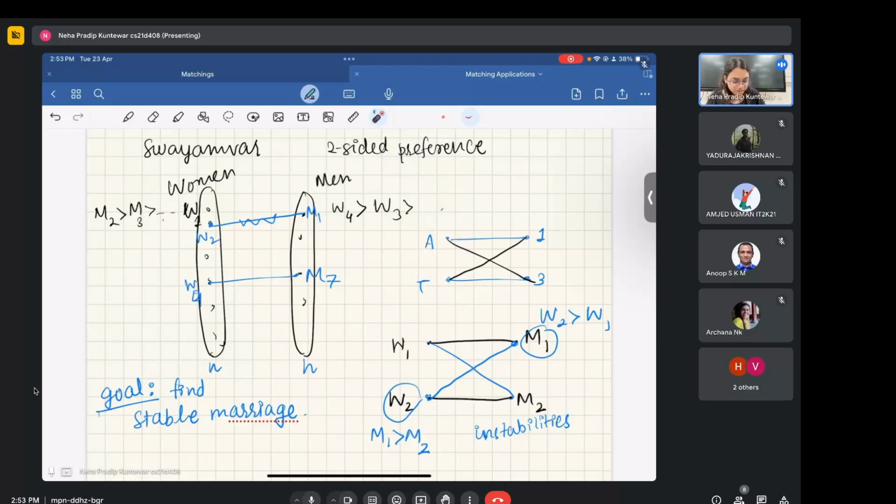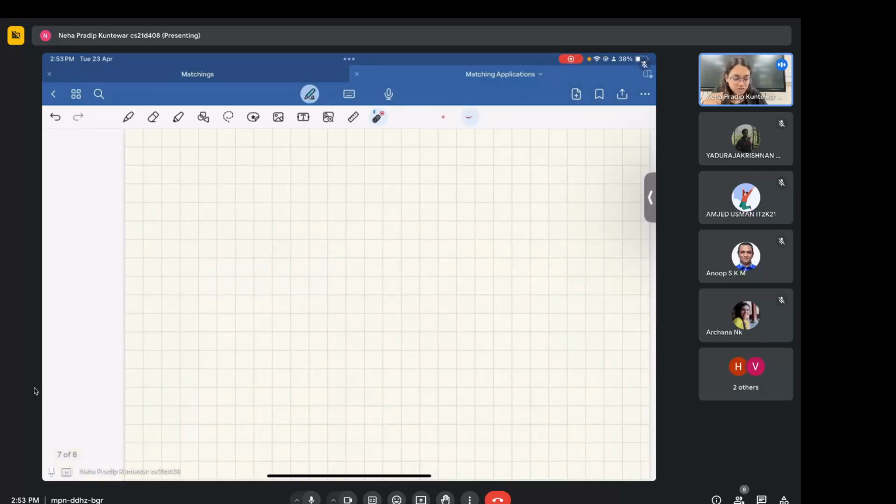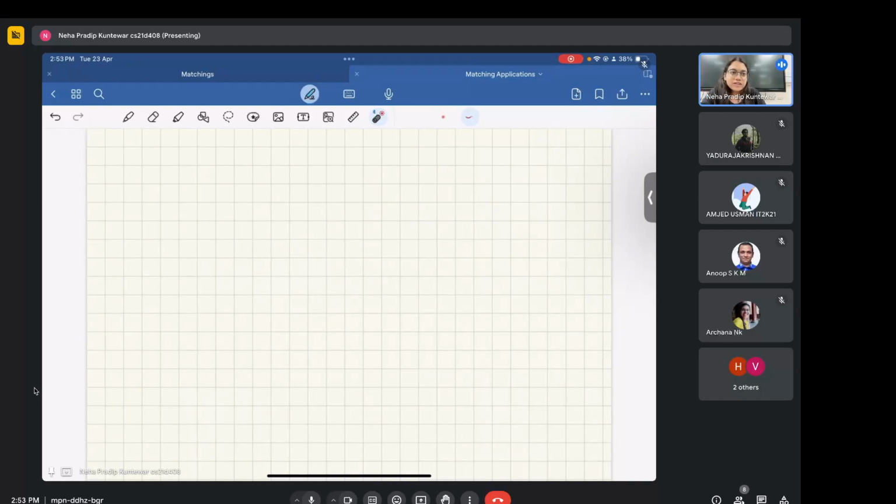Okay, so let's see one way of doing this. This is called the stable marriage problem. The reason I wanted to talk about this problem is because the kind of algorithm that is there is very different from all the paradigms that you might have seen so far.